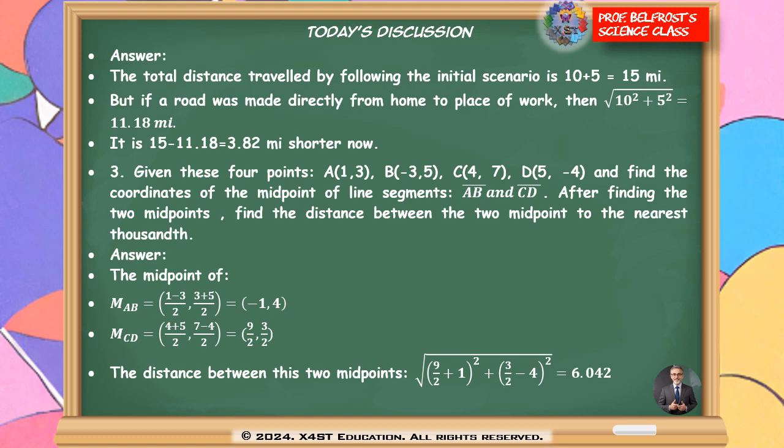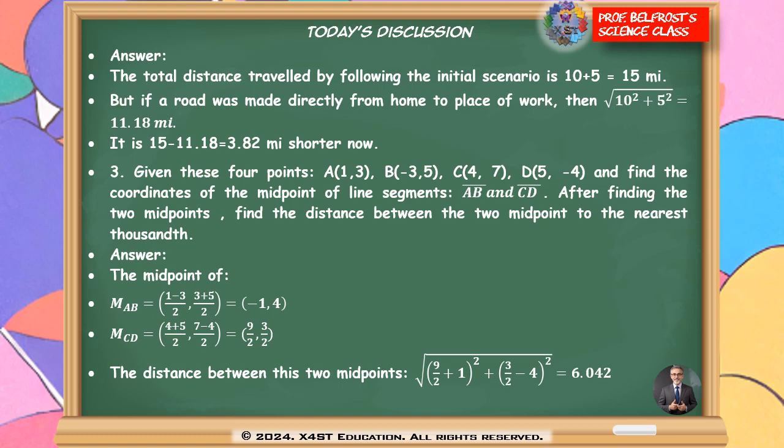Number three: given these 4 points, after finding the coordinates of the midpoints of the line segments AB and CD, find the distance between the two midpoints to the nearest thousandth. The midpoint of AB is (-1, 4), and of CD is (9/2, 3/2), as shown in the slide. Finding a midpoint is very easy: you just take half of x1 plus x2, and half of y1 plus y2.